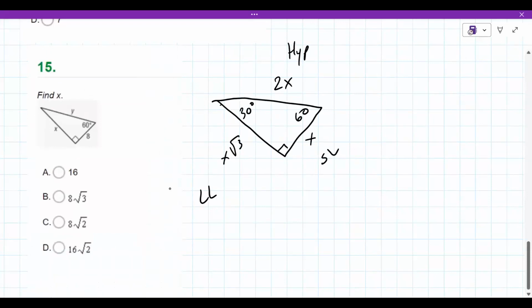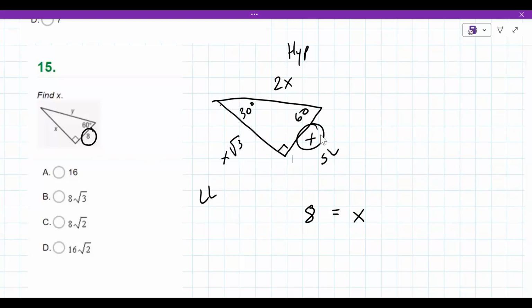Doesn't really matter when, but what you do is you set the known side, 8, equal to the reference side, which is x. So see how 8 and the x over here on the right are in the same corresponding spot? Yes. Okay. And what that does is it allows you to find the other thing in the triangle.